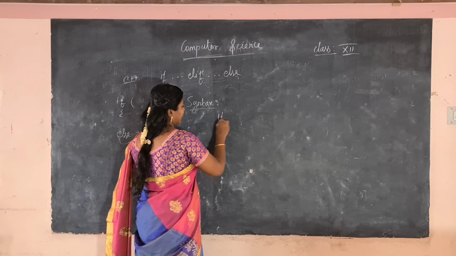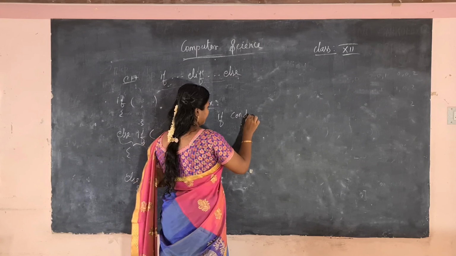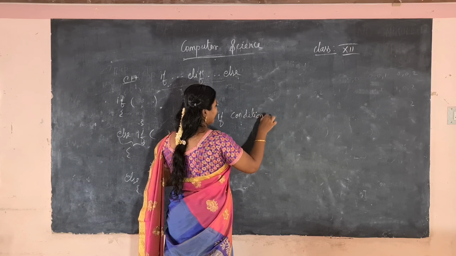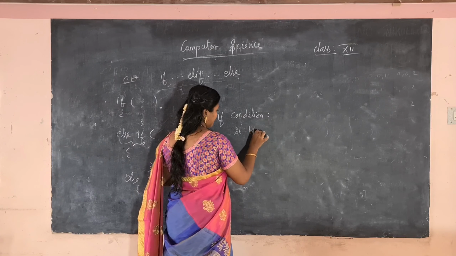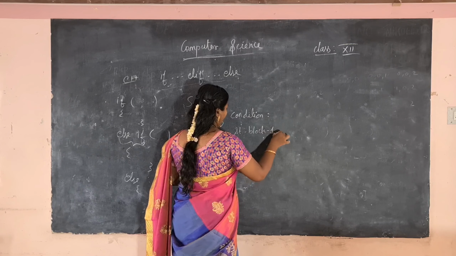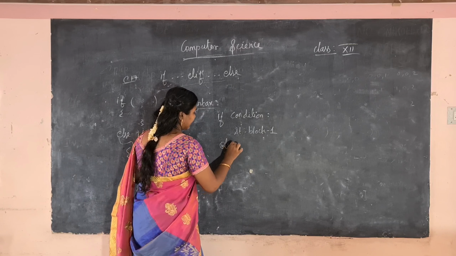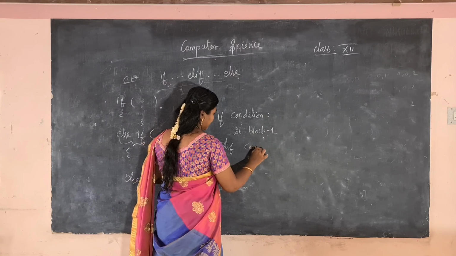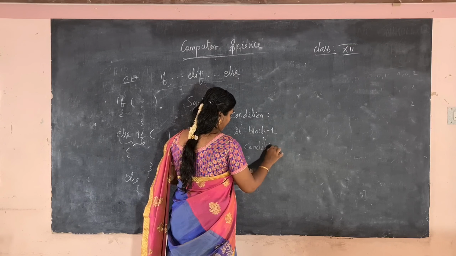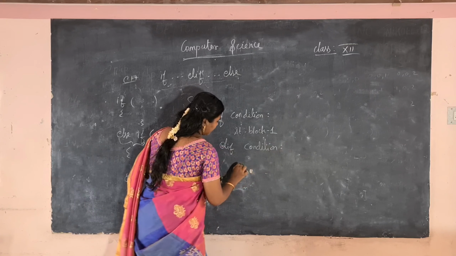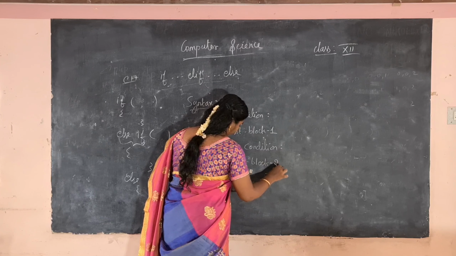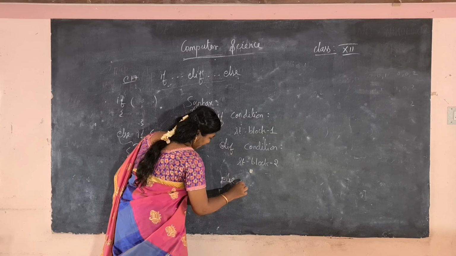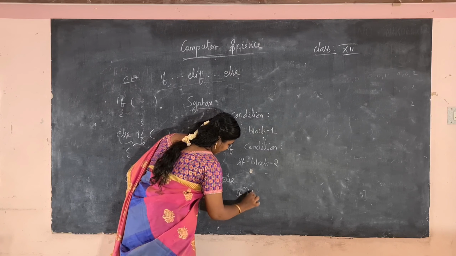So if condition, then we will be having the colon symbol and then statement block 1, and else if, that is elif, again its condition and its colon, statement block 2, then else, then its statement block n.